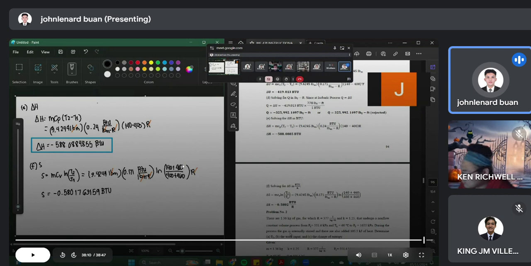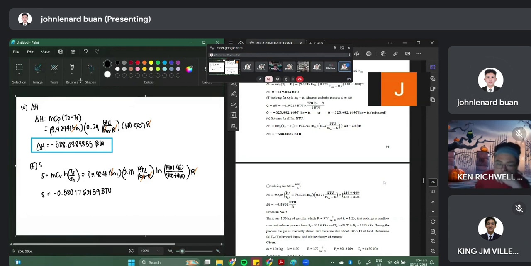Ibig sabihin, itong naka-LN ay magiging unitless. Tapos ito, BTU per pound mass runtime, yung runtime po doon hindi yan na-cancel. Sorry for that, nalito lang si sir. So ang sagot po talaga dyan is BTU over runtime.